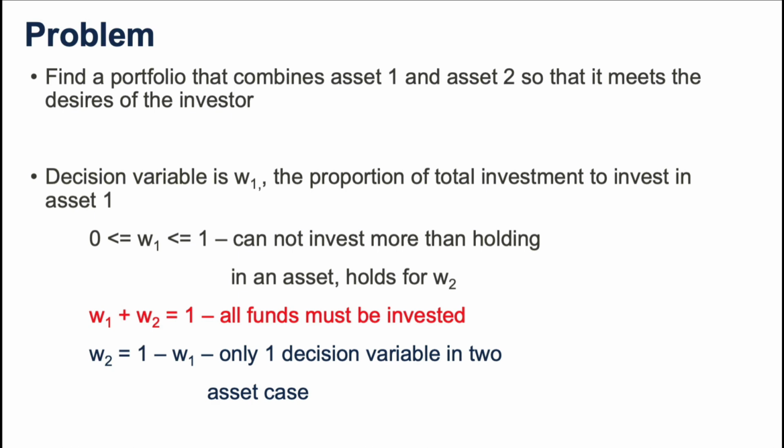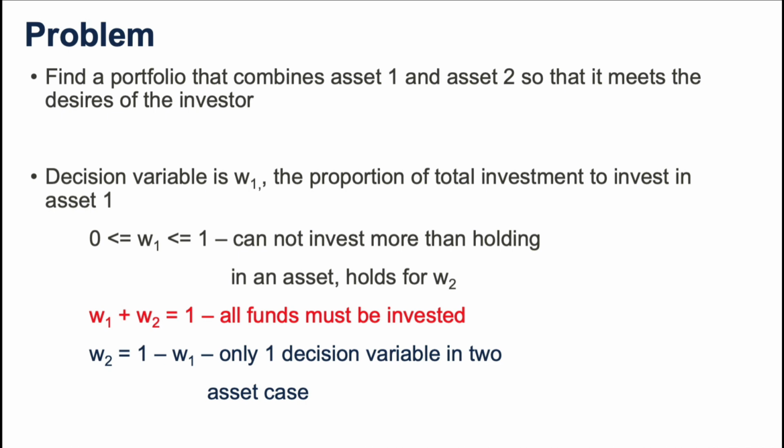All right, if we have two assets, the proportion that an individual invests in one asset will then determine what is invested in the other asset. So with two assets, if we say we're going to invest 40% in asset 1, that means we're going to invest 1 minus 0.4 in asset 2.